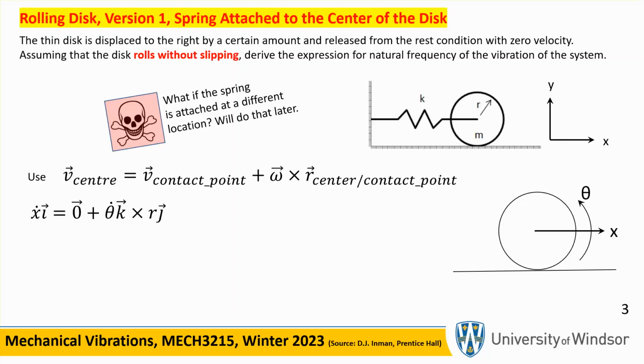Now, the center of the disk, on the other hand, is moving only in the x direction, so its velocity vector is x dot i, x being the displacement of the center, and i is the unit vector along the x direction, and crossed with the position of the center with respect to the contact point is just a j vector, the unit vector in the y direction multiplied by the radius of the disk.